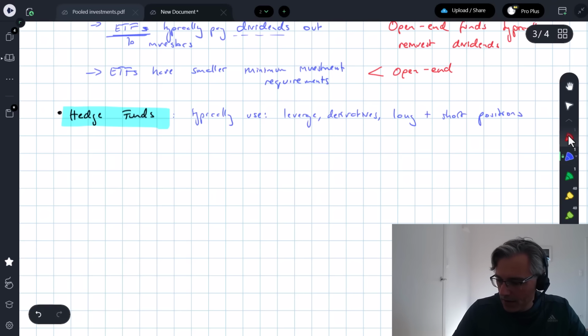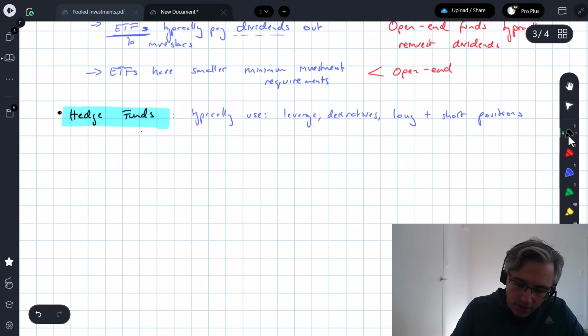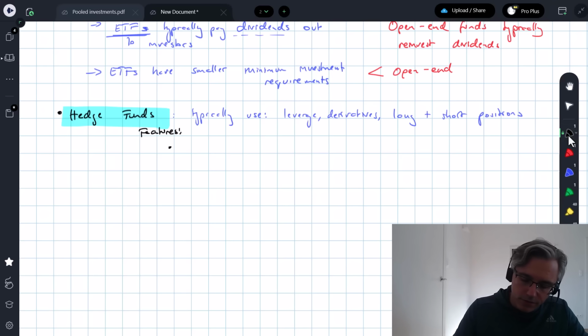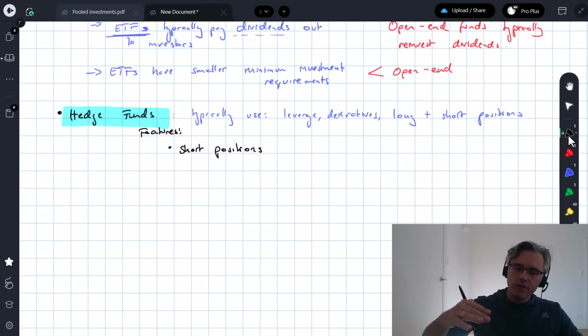So let's take these features and add a few more. First of all, short positions. These are obviously positions in financial markets which gain if the price of something goes down.